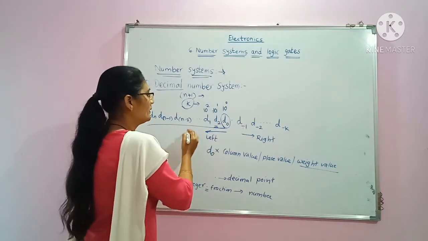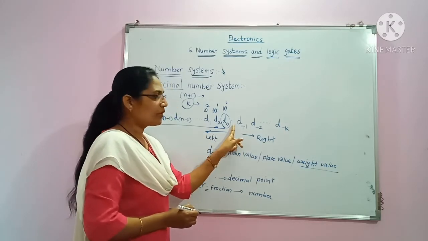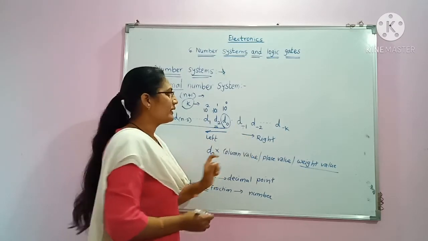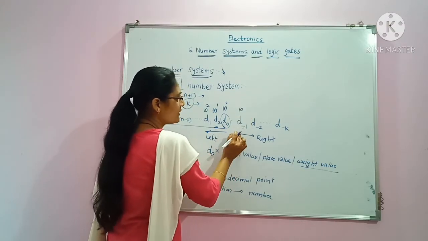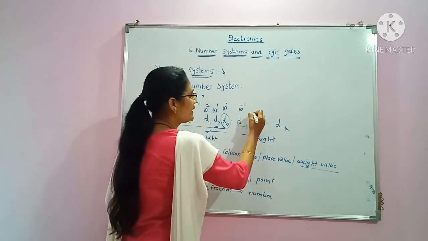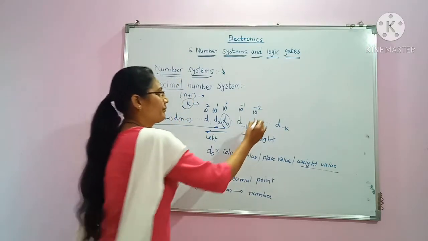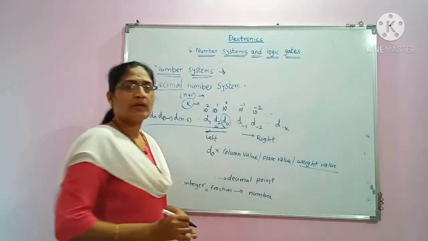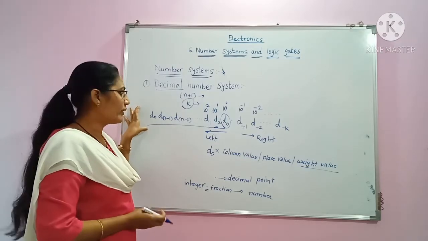And again, if I move from the decimal point towards the right, then I have to multiply the first digit by 10 raised to minus 1, then the second digit by 10 raised to minus 2, etc. So this is the basic thing that one has to remember.